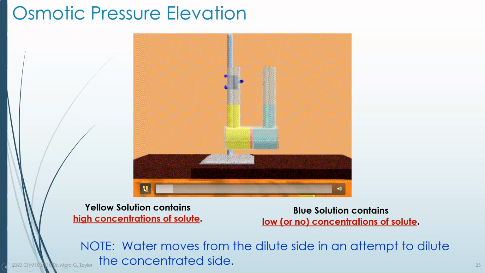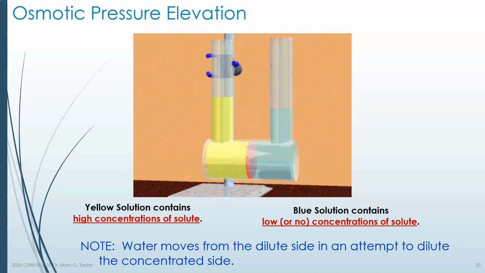So I'll start the video again. At first they start off at the same level, and as time goes on, the water on the right is passing through the semi-permeable membrane to dilute out the solution on the left. And this will continue to go until there's a balance between how much pressure from the water going through the membrane due to osmotic pressure, and the pressure of the weight of so much water on the left forcing down on that container.